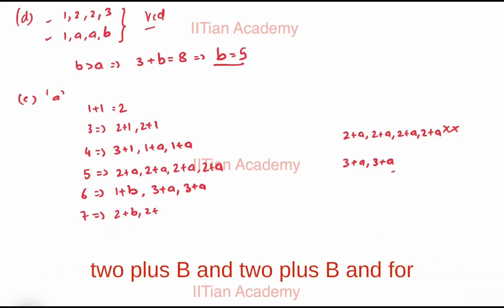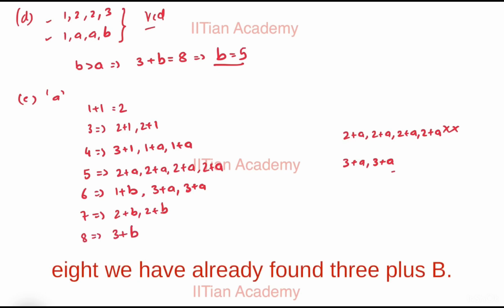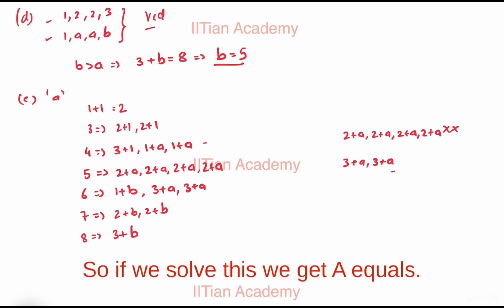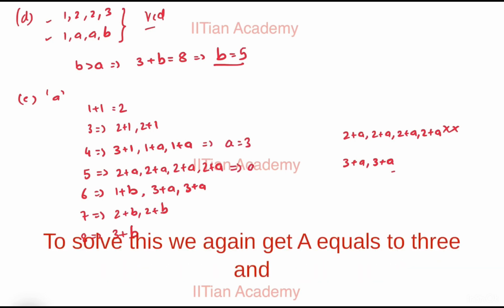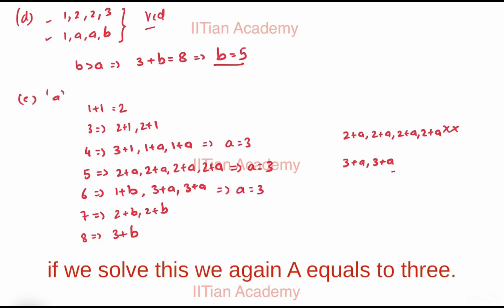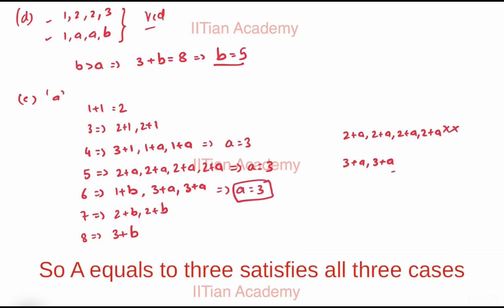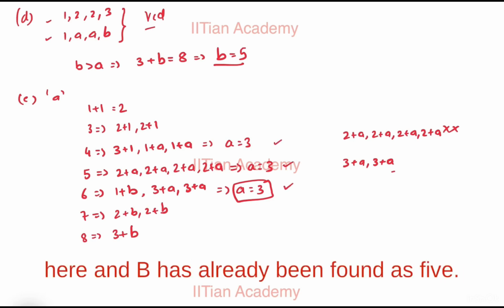That is 2 plus b and 2 plus b, and for 8 we have already found 3 plus b. So if we solve this, we get a equals 3. If we solve this, we again get a equals 3, and again a equals 3. So a equals 3 satisfies all 3 cases here, and b has already been found as 5.